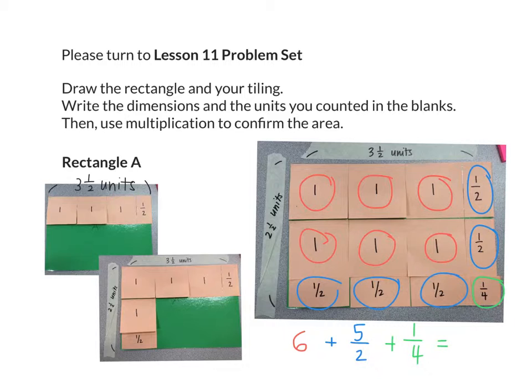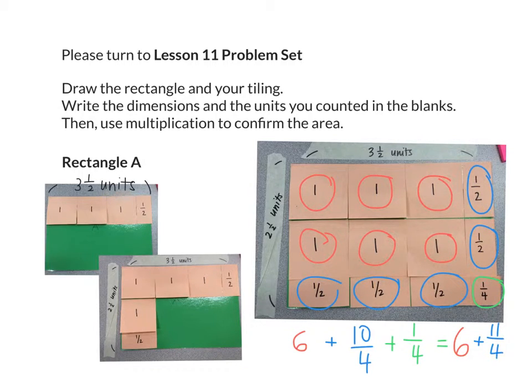Are we ready to add? No. Why not? Do we have common denominators? No. What would be the least common denominator between halves and fourths? 4. So instead of 5 halves, we could write how many fourths? 10 fourths. Very good. Okay, so I have 6 plus 10 fourths plus 1/4. That means we have 6 and how many fourths? Good.